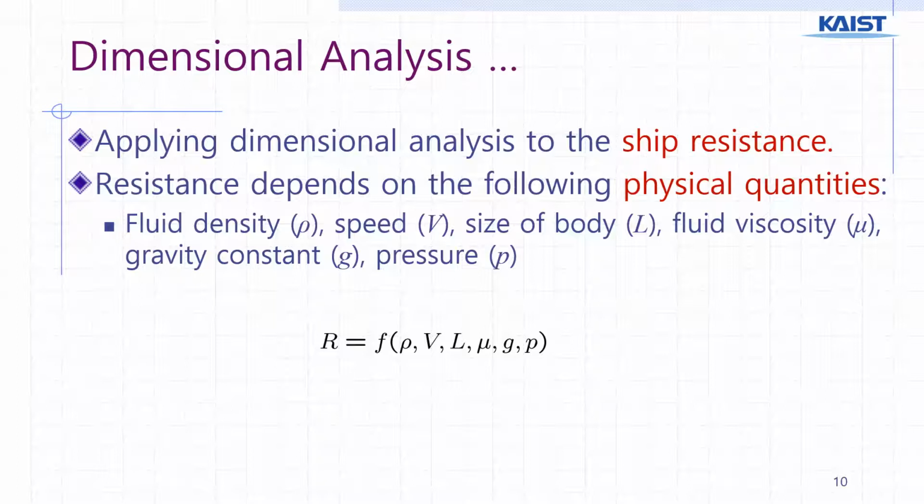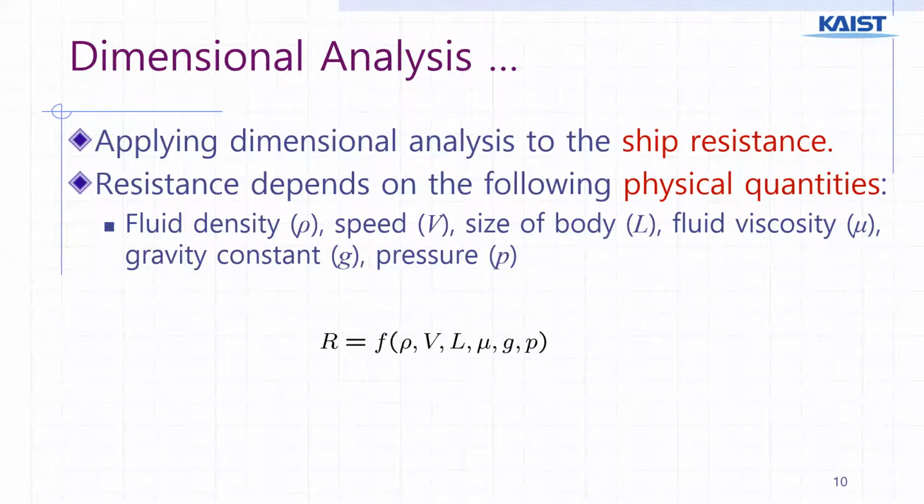So there are 6 variables, but density, viscosity, and gravity are almost constant. So the remaining parts are speed, length, and pressure.